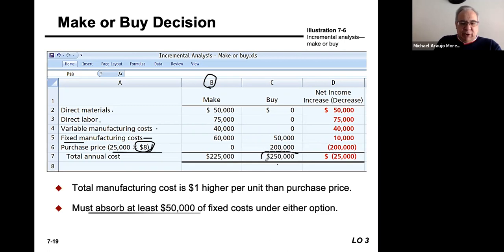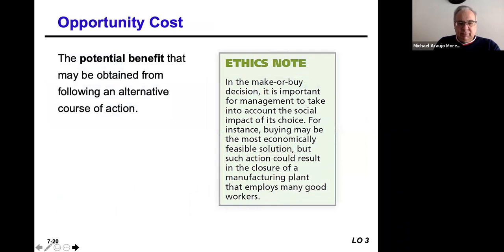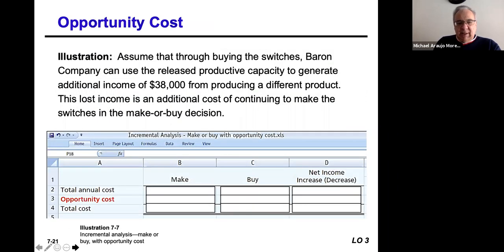So they're going to be forking out $250,000 to buy it versus $225,000 to make it. If they went ahead and bought that, they would actually be losing, right? Their net income would decrease, their profit would decrease 25,000. So what would you do? Easy to decide, right, in this case.